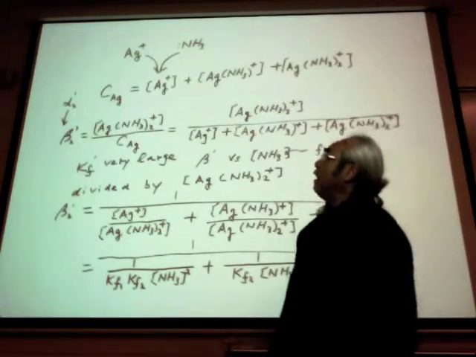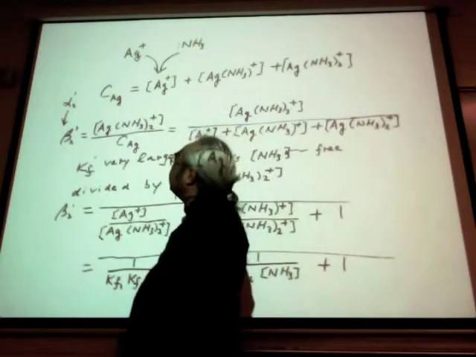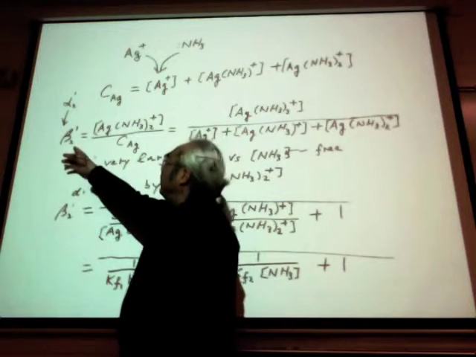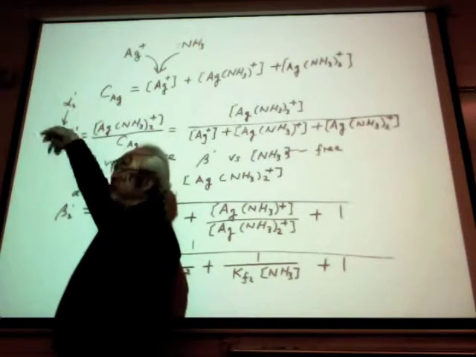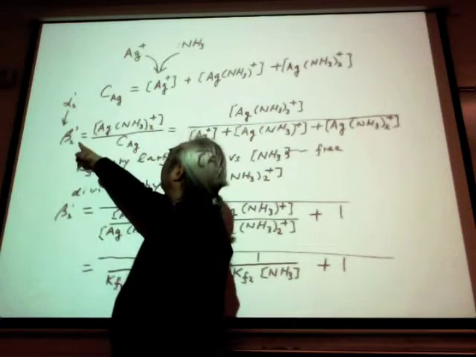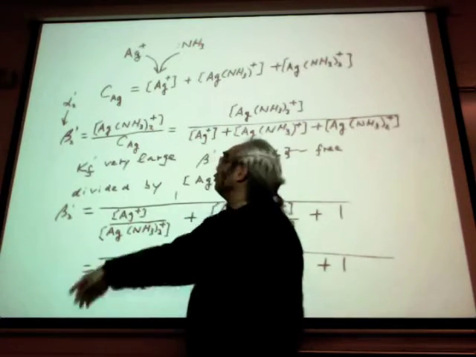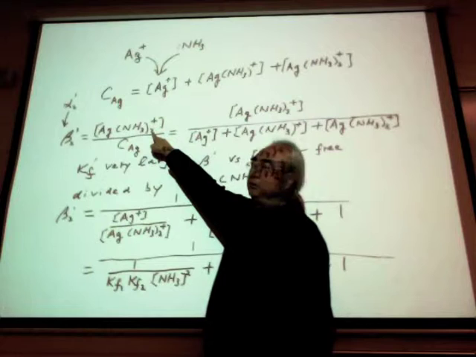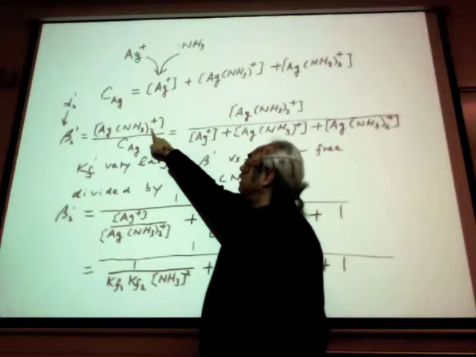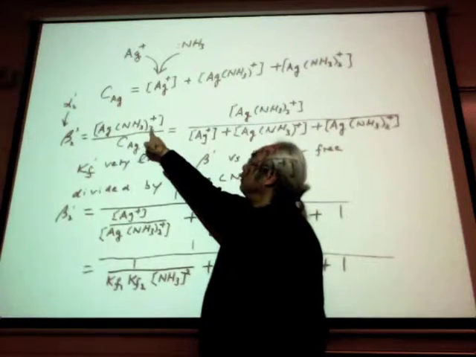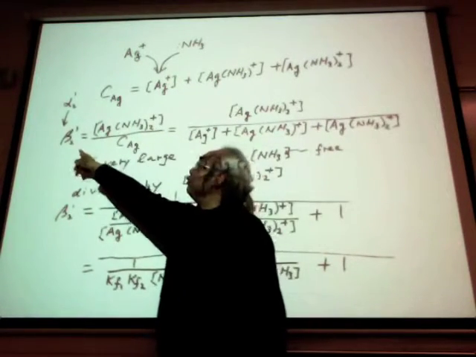Okay, so now some definitions. Beta 2 prime, or some books call it alpha 2 prime. Now what is the 2? The 2 means 2 ligands or complexing agents attached. So with 2, then it's beta 2.